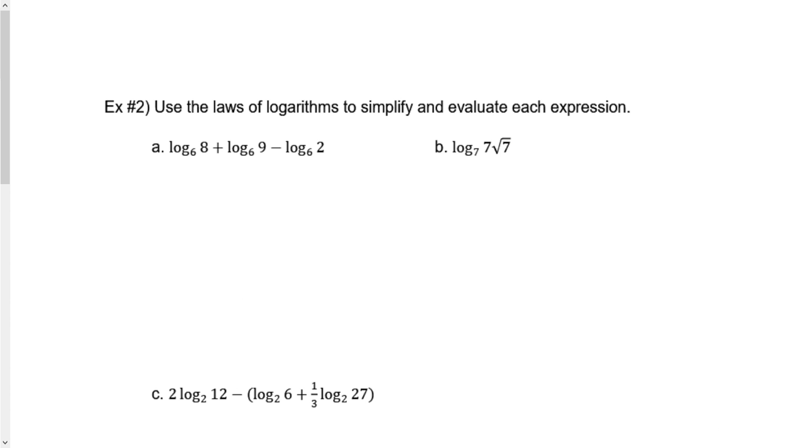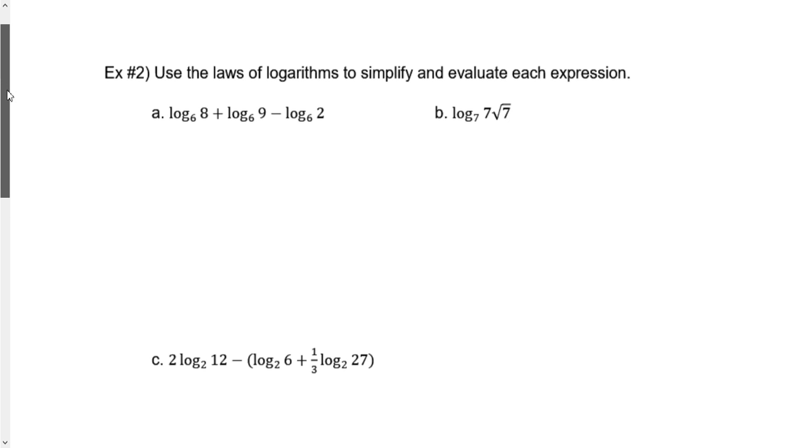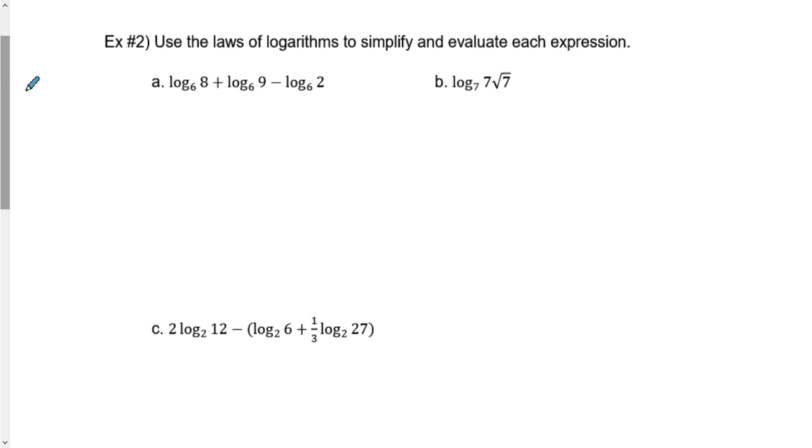Next one, we're going to combine some things. So we're going to do some combining, evaluating, and just generally having some fun. First things first, you need to see that they are all the same log base. These ones are all log base 6, which is going to make our lives easier.